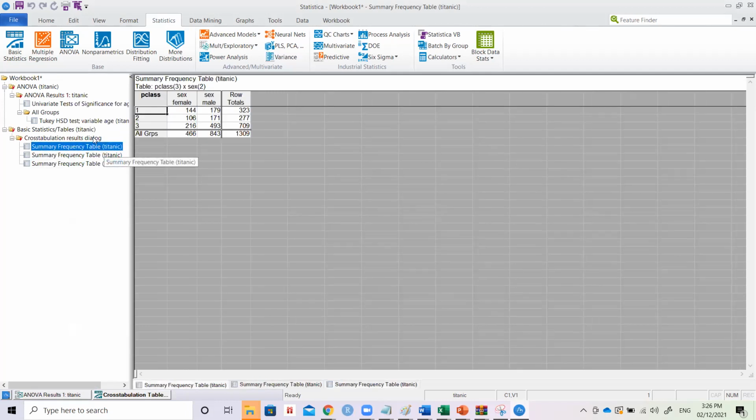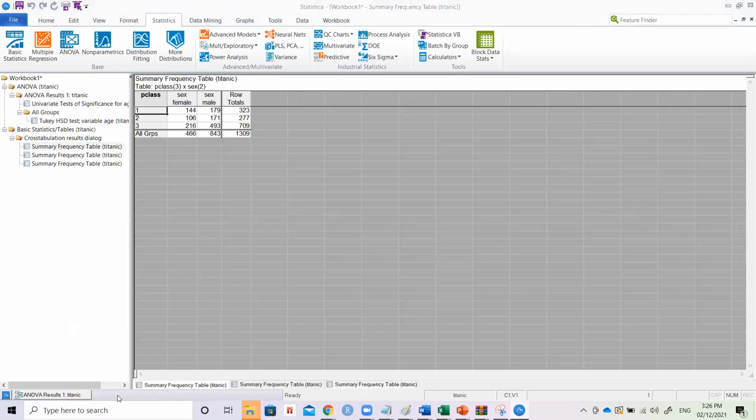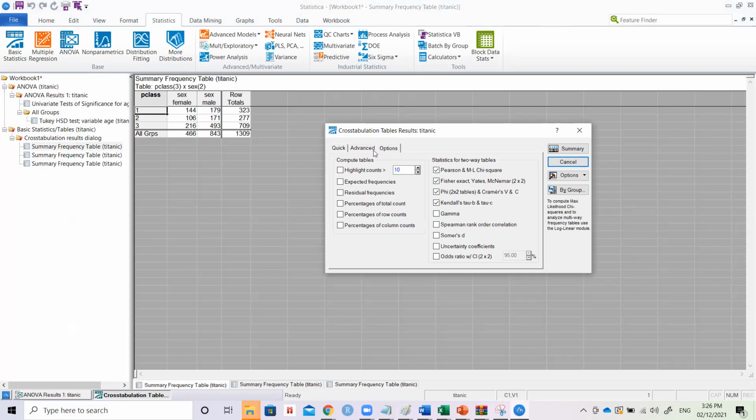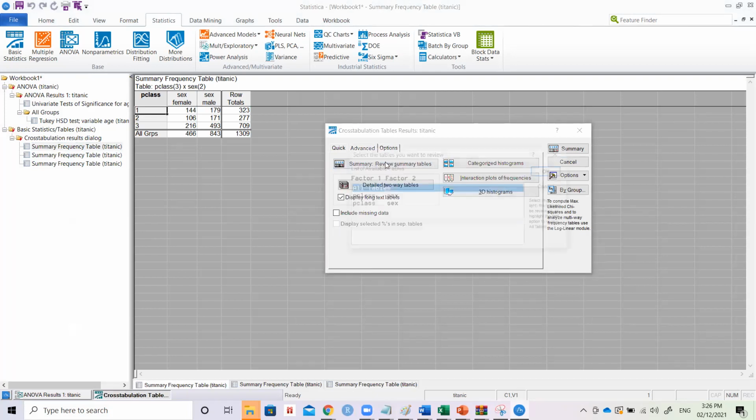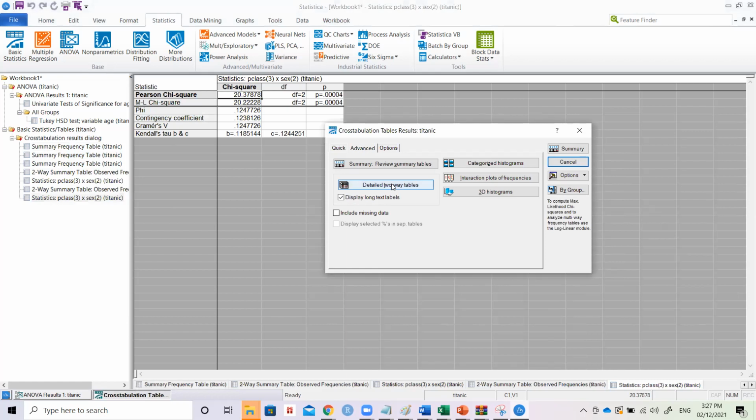Sorry. Dito yun eh. Ba't ayaw niya lumabas? Ayun. Ito yung kailangan nyo i-check, yung detailed two-way tables pala.